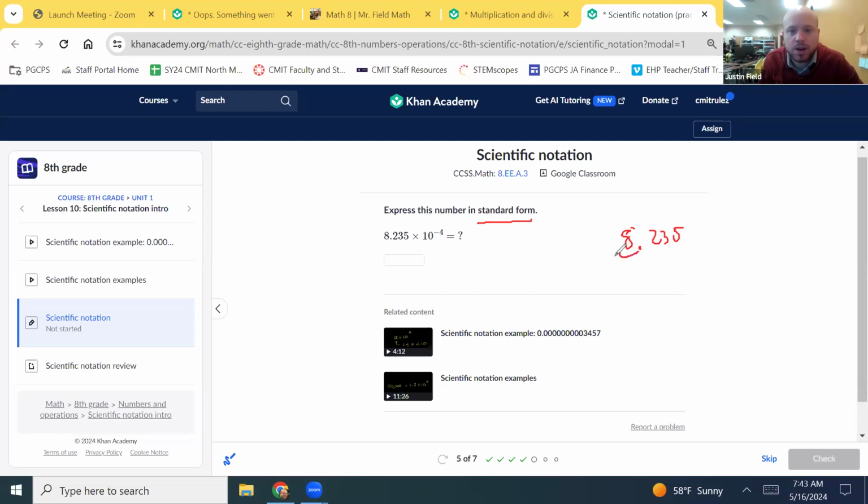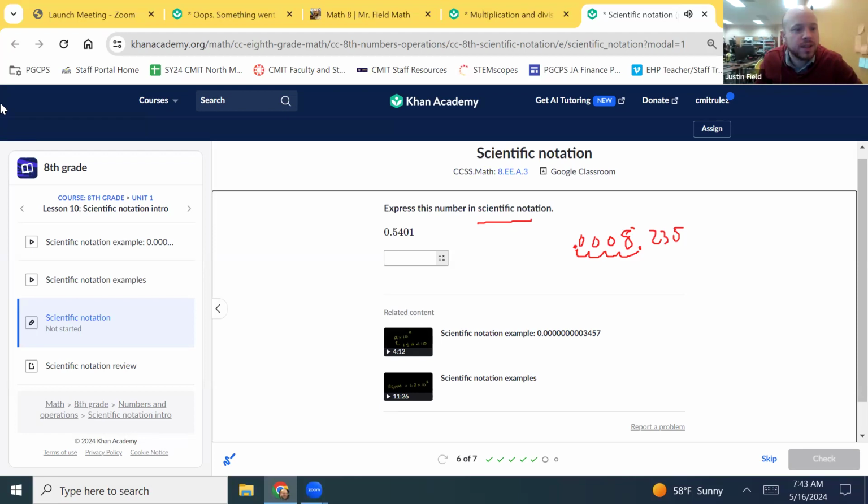So I'm going to go 1, 2, 3, 4 for my decimal point. But just like the numbers that are bigger than 1, what do I put in the empty spaces? 0. All right, and then we have our number in standard form. 0.0008235.